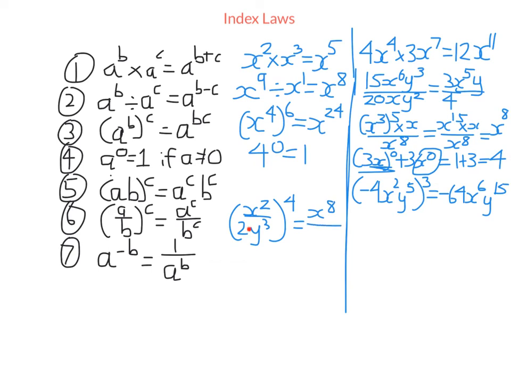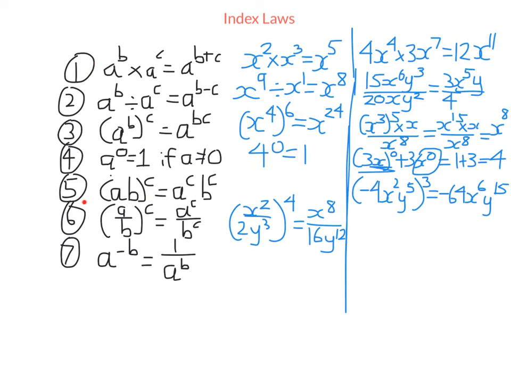So now I have to raise the bottom to that power. So this index law says I raise 2 to the power of 4, which is 16, and I also raise y cubed to the power of 4. Power to a power, keep the same base, and multiply the powers. I can't simplify any further. I can't say 8 and 12 have a common factor and simplify it because they're powers. This is my final answer and I stop there.